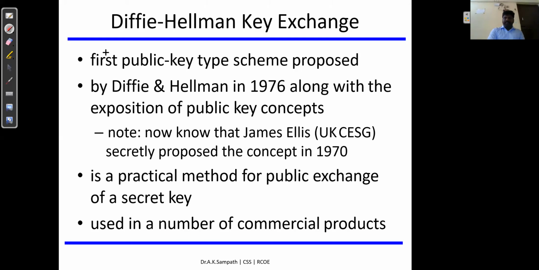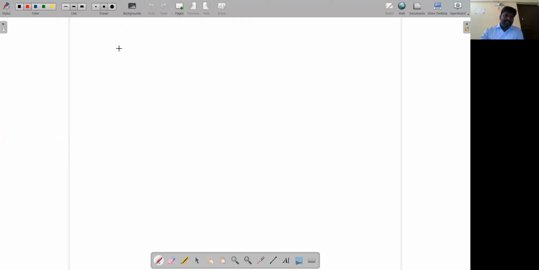This algorithm was proposed by Diffie as well as Hellman in the year 1976. Why did we want to go for a public key cryptography technique? Why do we need to go for the public key cryptography technique?